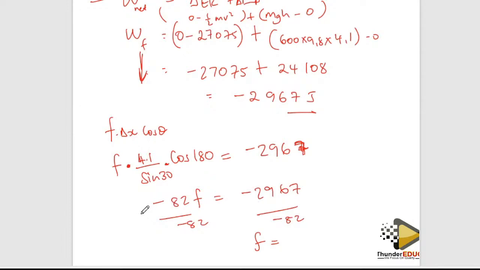Something is wrong. Did I use 41 or 4.1? Oops, sorry guys. So 4.1 divided by the sine of 30 is 8.2. If it's 8.2, then 2967 divided by 8.2 is going to give us 361.829, or 362. It's a force, so it will be in newtons.